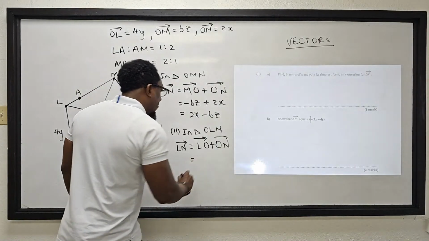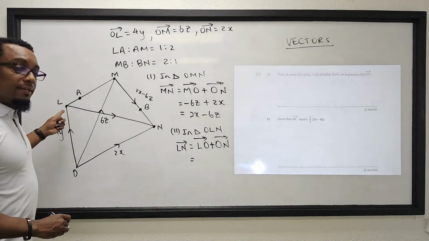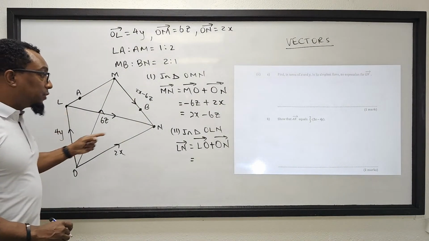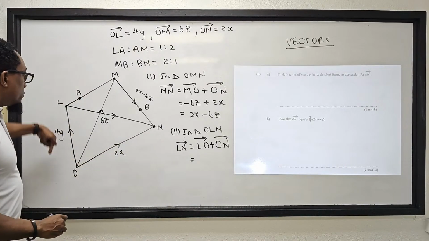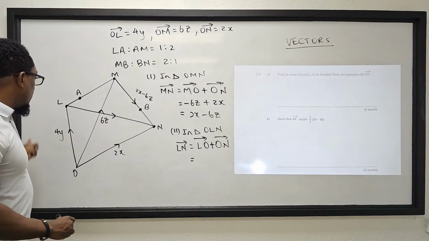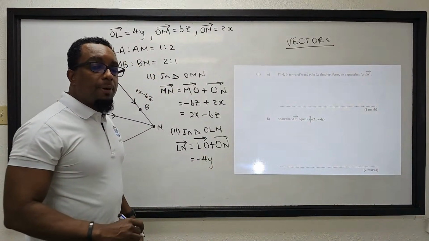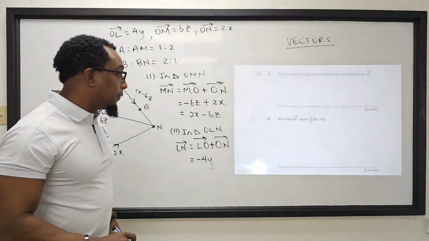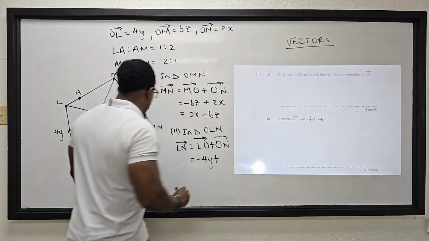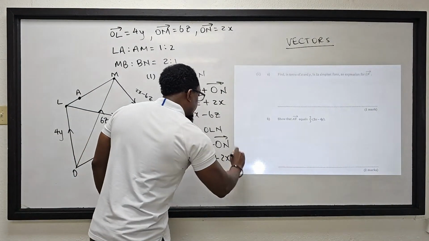And let's see. Vector LO: now you have vector OL, that's the direction of the vector, but you want vector LO, so you must move in the opposite direction, and moving in the opposite direction means the sign of the magnitude changes from positive 4y to negative 4y, plus vector ON, of course, which is 2x.